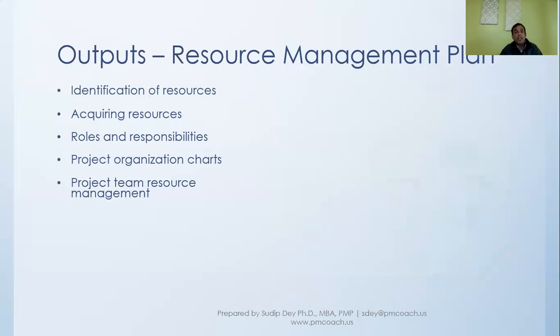Team resource management is how the resources will be acquired, how they'll be managed, and how they'll be released. So all this will also be put together, because what we don't want is for resources to be lying in the project though the project has got over. So we have to plan how we are managing the resources through the life cycle of the project.